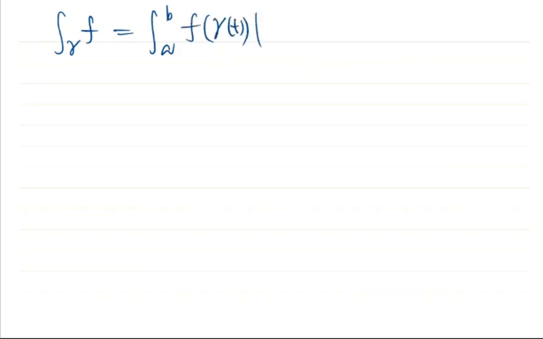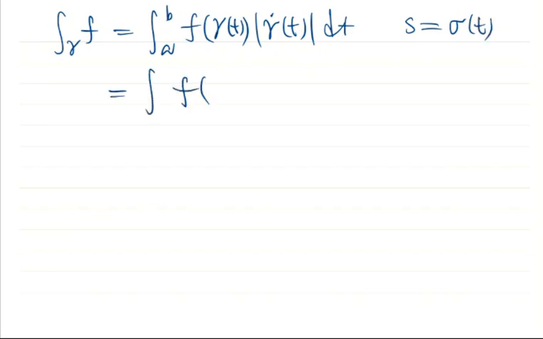So let's have a look. By definition, this is the integral from a to b of f of gamma t times the norm of gamma prime t dt. So change of variable s equals sigma t.